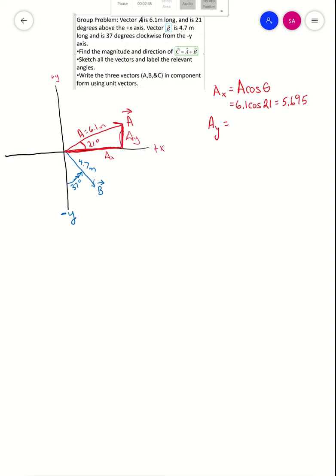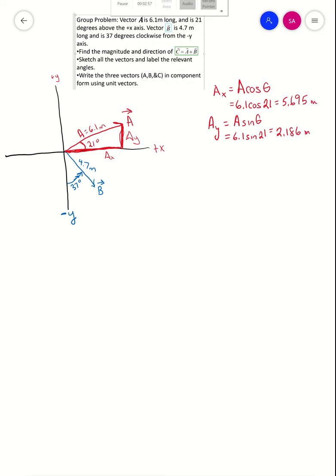All right, what's the vertical component? So vertical component is this side over here, which is opposite to the 21 degree angle, so that's sine. So it's going to be A sine theta. So that's going to be 6.1 sine 21, which is 2.186. And of course, those lengths are meters.